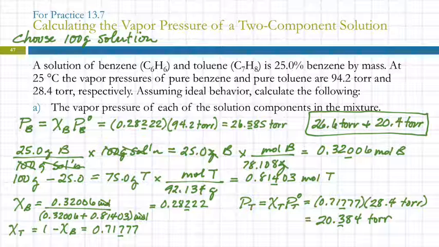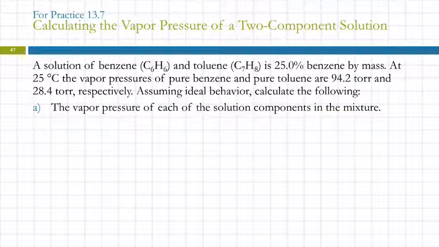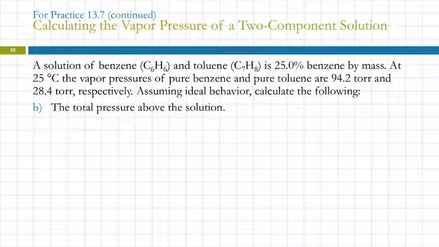So that was part A of this question. We want part B, the total pressure above the solution. Okay, well that's not so bad. So the total pressure will just equal the sum of the individual partial pressures.